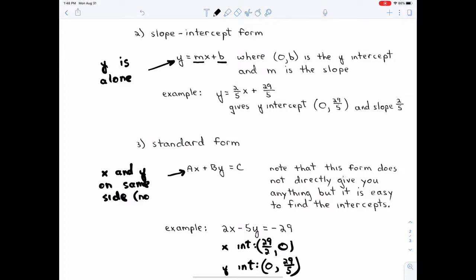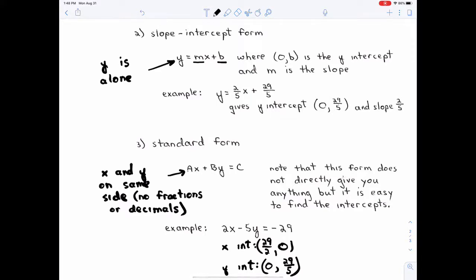It should not have any fractions or decimals. But the thing that makes it standard form is the fact that x and y are on the same side of the equal sign.